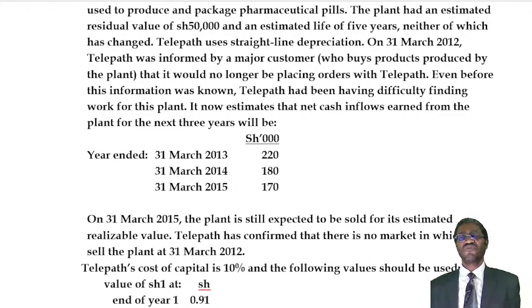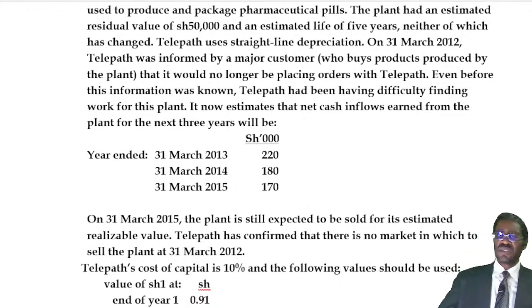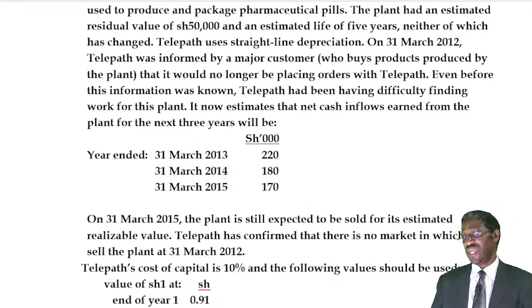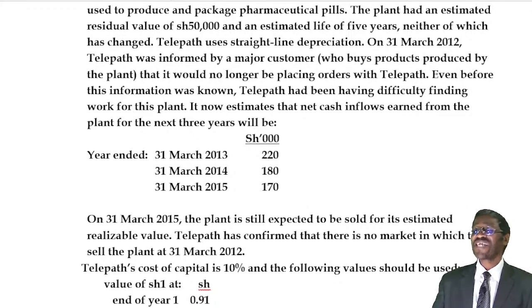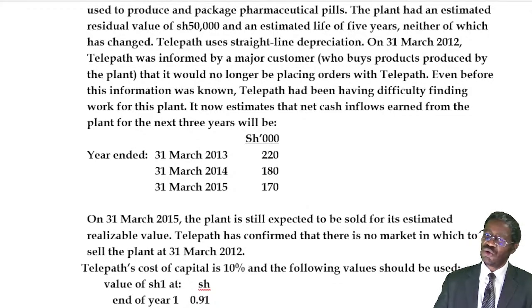When you look at the information above there, the first line says towards the end that the plant has an estimated residual value of 50,000 and an estimated life of 5 years. So already we are told it has a residual value of 50,000.